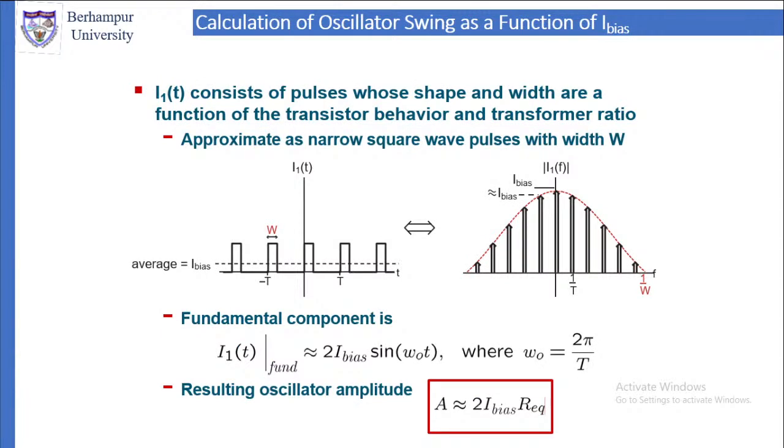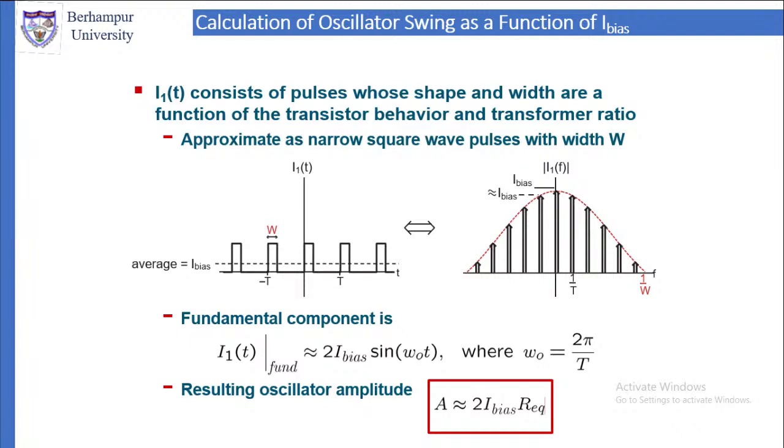Now we will calculate the oscillator swing as a function of I bias. I1T consists of pulses whose shape and width are a function of the transistor behavior and the transformer ratio. Usually these pulses are very narrow. So approximately these pulses are narrow square wave pulses with width W, where W is very small.